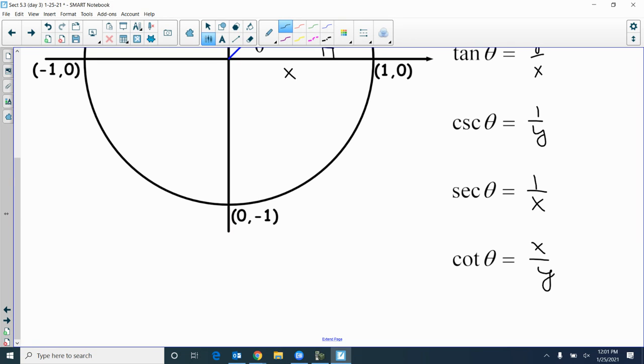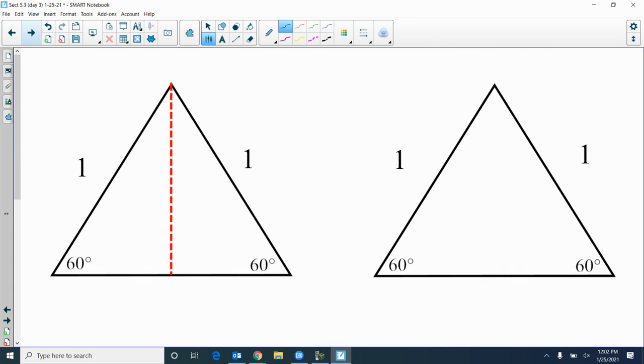What do you have next? You have the 30-60-90 triangle. It can have a hypotenuse of 1. If it has a hypotenuse of 1, what would be the other two legs? That's what we built up last week, but we did an equilateral triangle of length 2.